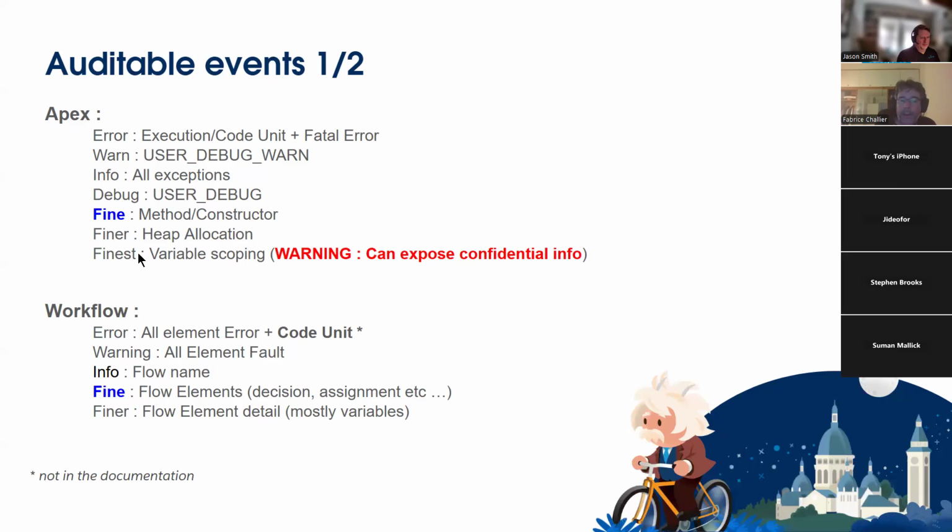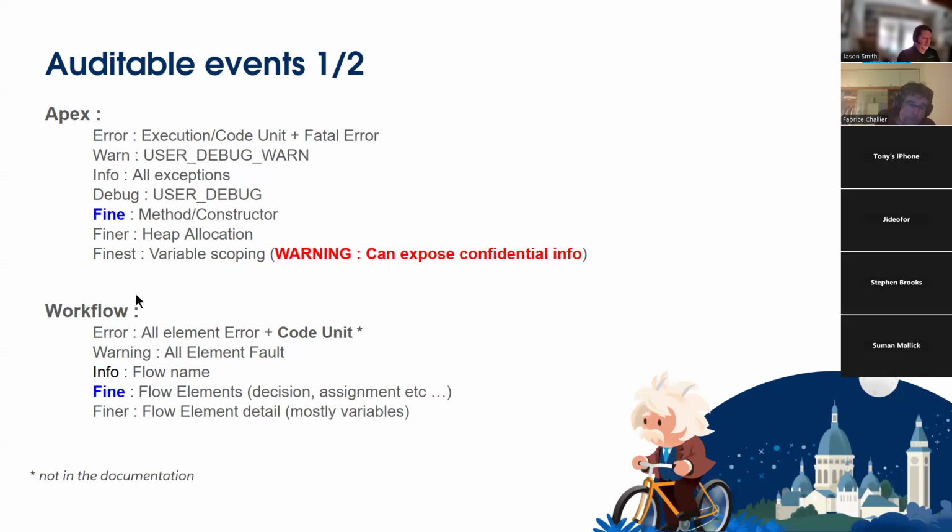And if you go for finest, you will have all the variables that are scoped during the transaction displayed within the log. And this is a big issue for me because it can sometimes expose some confidential info. So clearly, finest is something I will never use, except if I want to read a log with the Apex Replay Debugger. Apex Replay Debugger is the only tool I know that is really able to use this level of information. If you are not planning to use it, stay at the level of fine. You will have more than you need regarding the information.